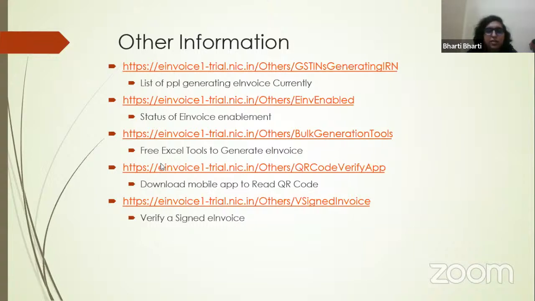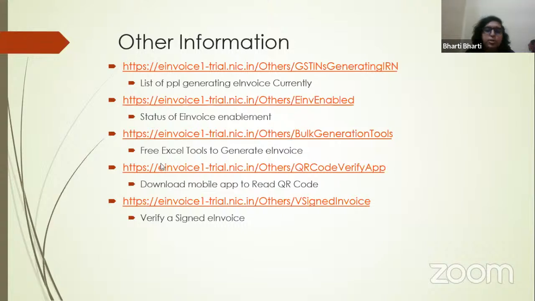There are some other tools which the government has given. You can generate on the trial website. You can check which GSTs are generating e-invoices and get a list of that. You can check your own GST number for e-invoice enablement: is my GST enabled for e-invoicing? Then you can also generate e-invoices through the bulk generation tool.